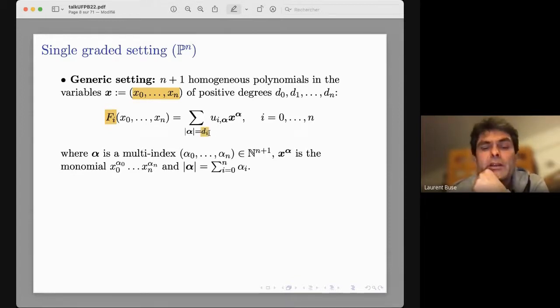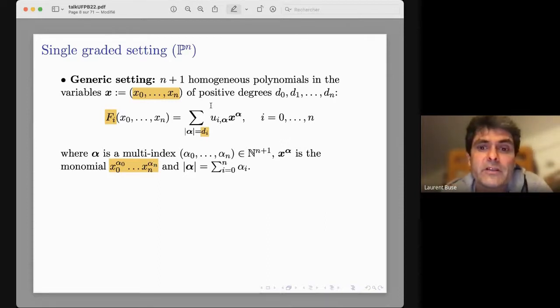The notation I use is alpha for the monomials. So alpha is a multi-index, alpha 0 up to alpha n, and it denotes the monomial x0 to the alpha 0 up to xn to the alpha n. I will denote by the norm, the module of alpha, just the sum of the alpha. That's the degree of this monomial.